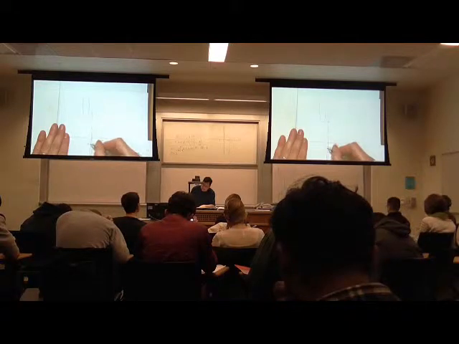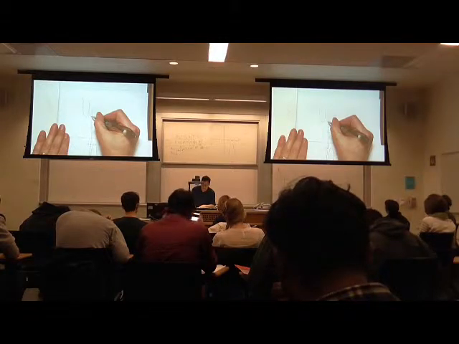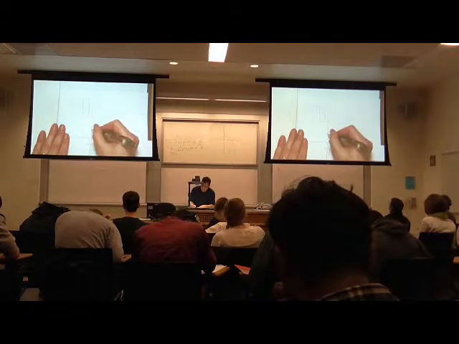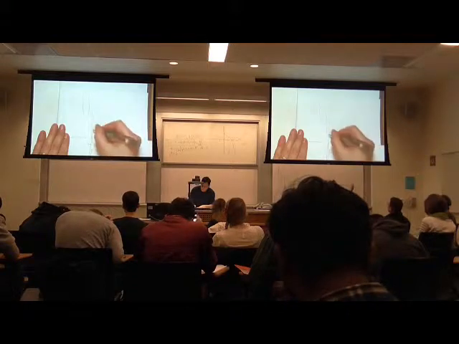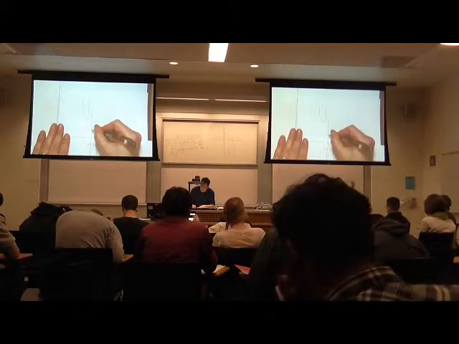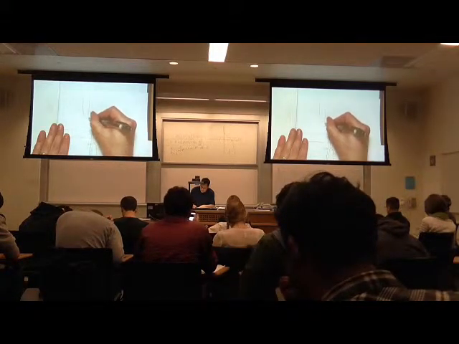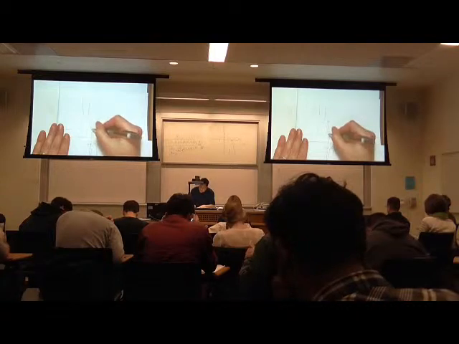So -1 and +4, that's 3, so 1.5 is kind of where the midline would be. And that means we've got kind of an upside down sine curve here.